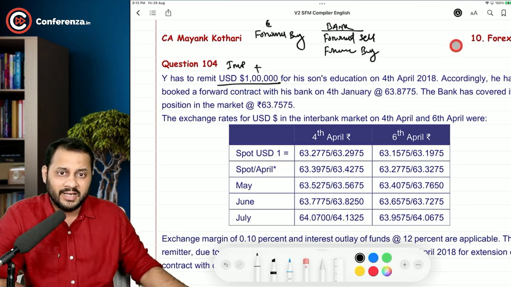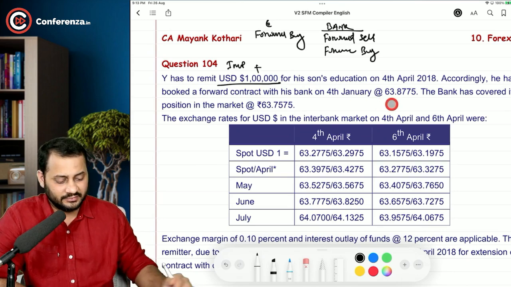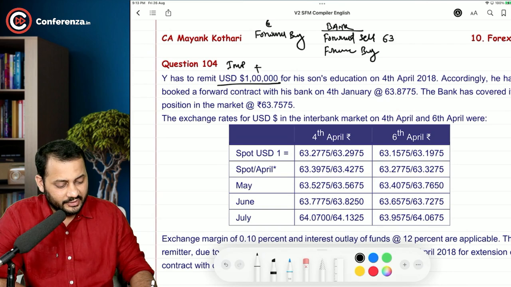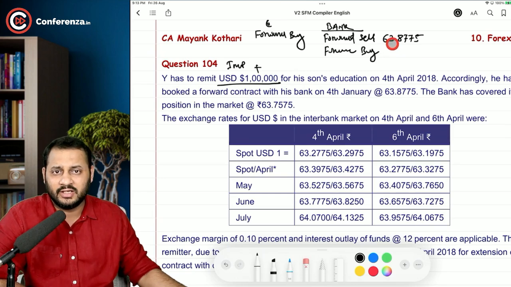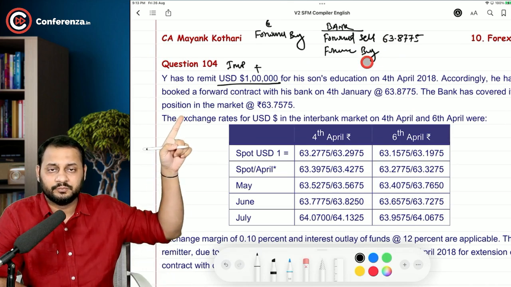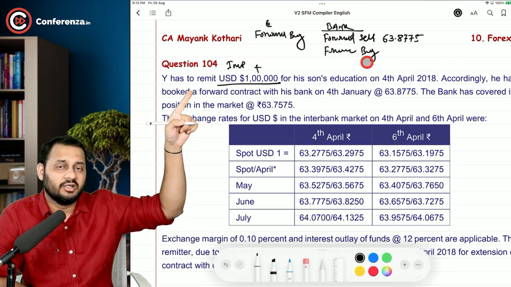The bank will sell $1 lakh to Y. He has booked a forward contract with his bank on 4th January at 63.8775. So the bank agreed to sell him $1 lakh at this price. But obviously, where do you think the bank is going to get $1 lakh? They will buy it from the interbank market, and that's why they have covered themselves already. They don't want to take the risk of buying at a higher rate and then selling it to the customer at the agreed rate.